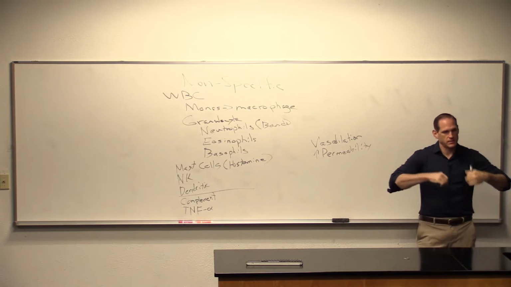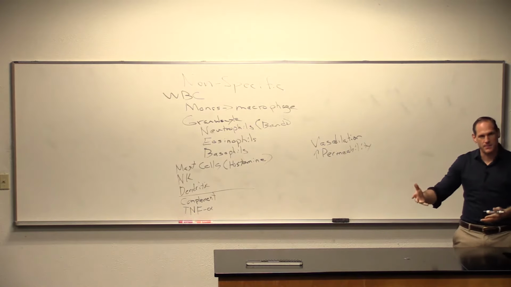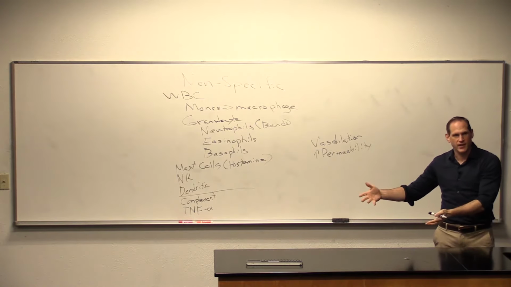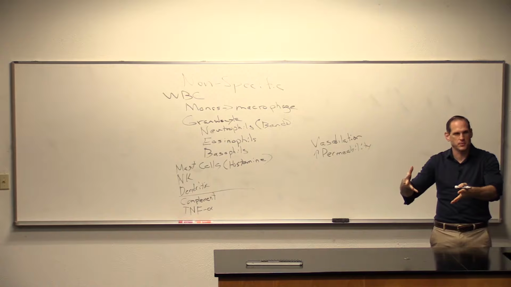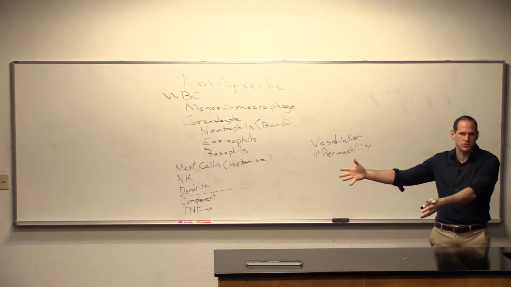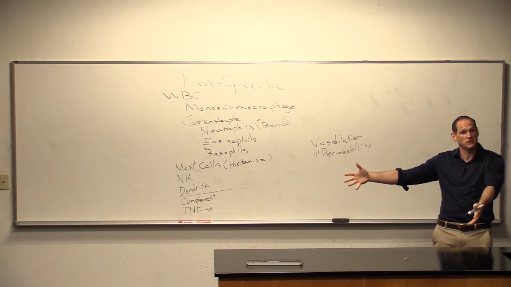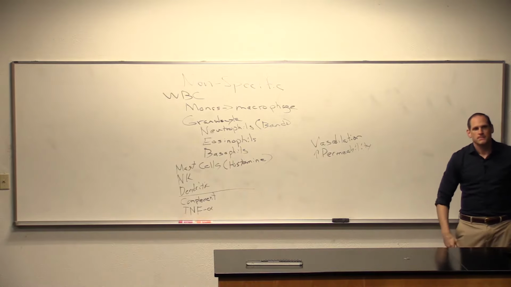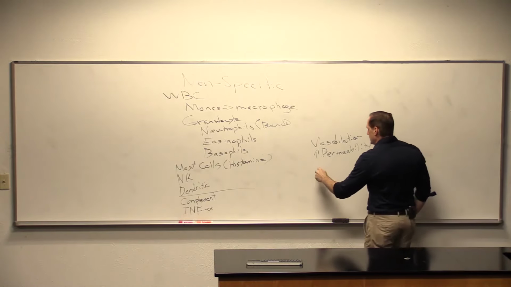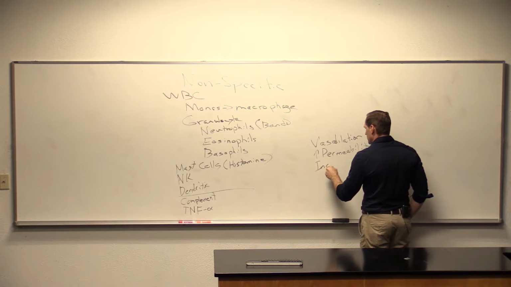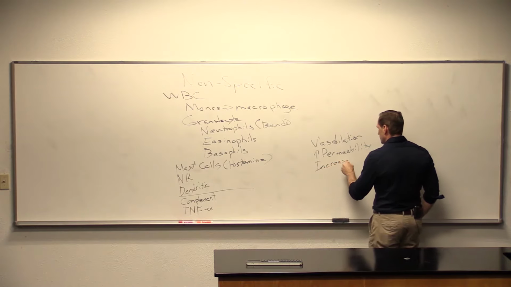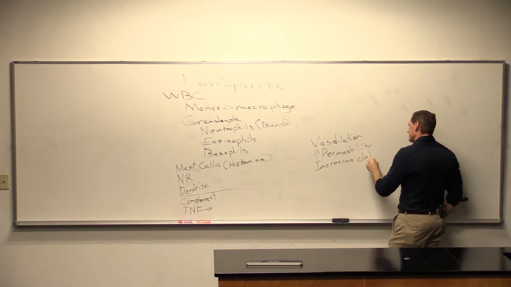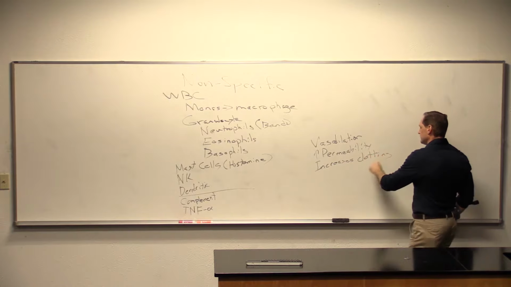In order to get complement cascade and antibodies to the damaged area, you need to increase the membrane permeability so they can leak out of the blood into the damaged tissue. So far, so good. The third thing that it does is that it increases clotting. Now, does that make a lot of sense to you?